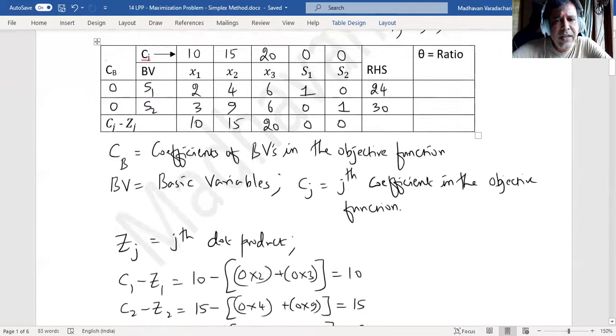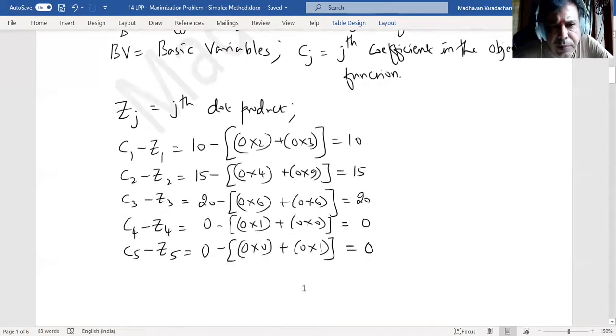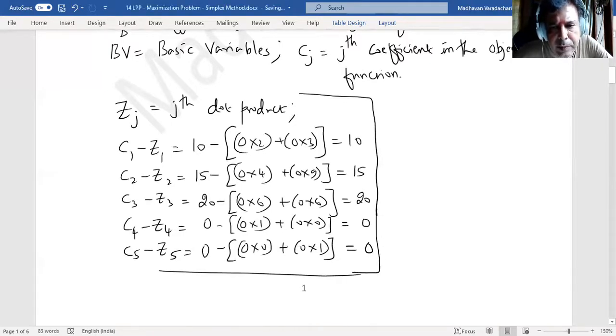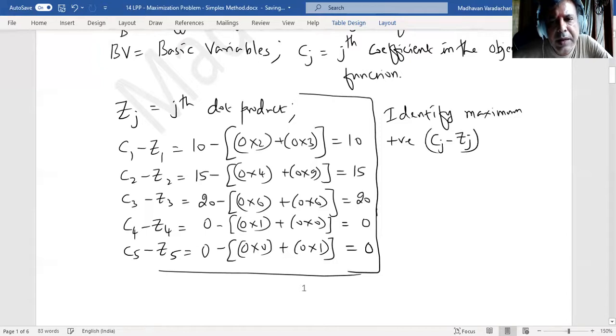Okay. Now, what is the step? Next step is, identify maximum positive Cj minus Zj and mark that column with a downward arrow mark.